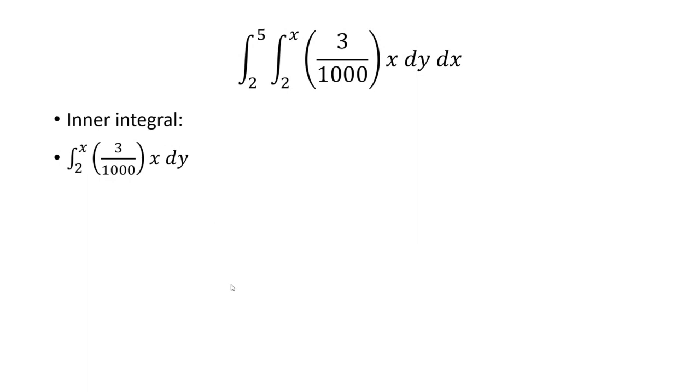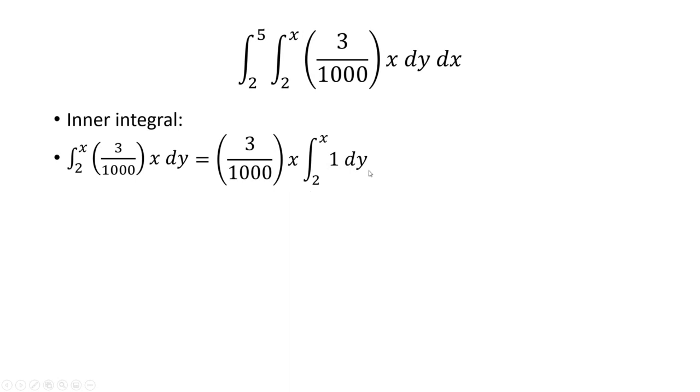All right. So to solve this, it's going to be a similar process to what we did in chapter 4. We'll start by just doing the inner integral. Because we're integrating with respect to y here, remember we're treating x as a constant. So we can pull the 3 over 1,000 times x outside of the integral.